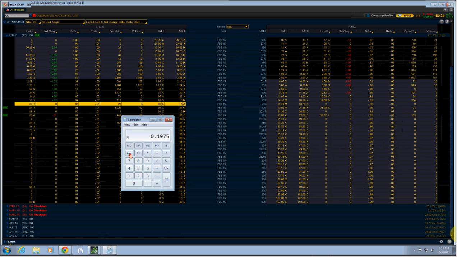Actually, throw out your theta, because if you've got $19.75 of premium and only 17 days till the option expires, you're losing $1.16 a day. How much does the stock have to go up for your contract just to stay the same price at this time? Yeah, that $1.16.